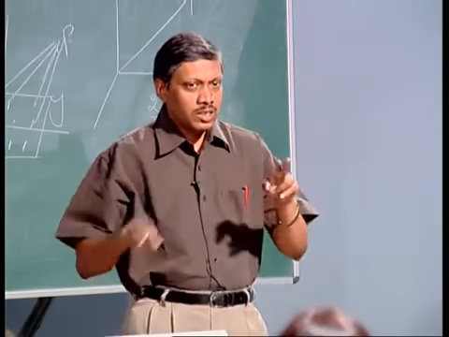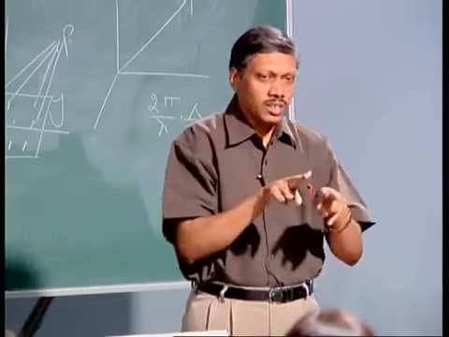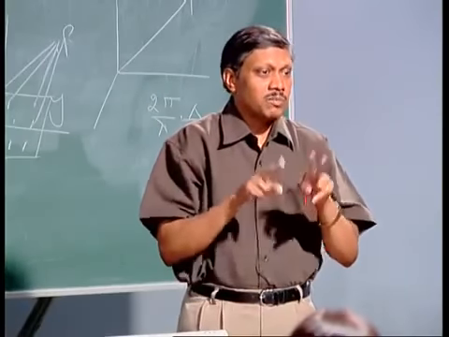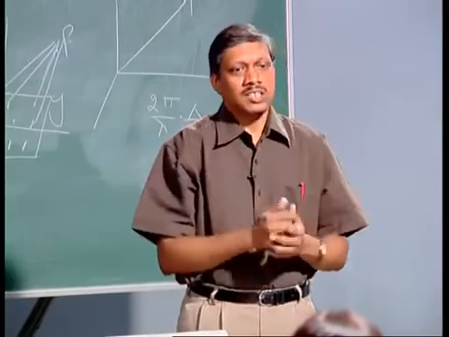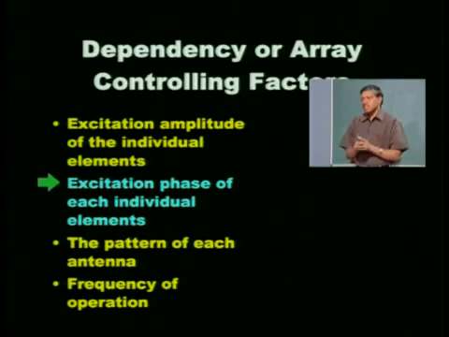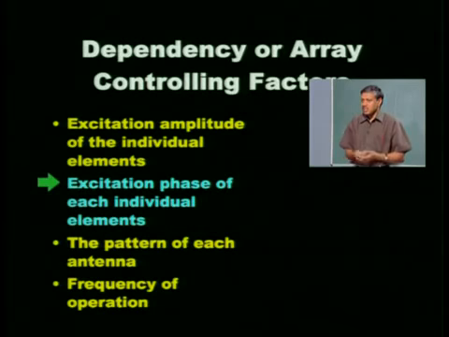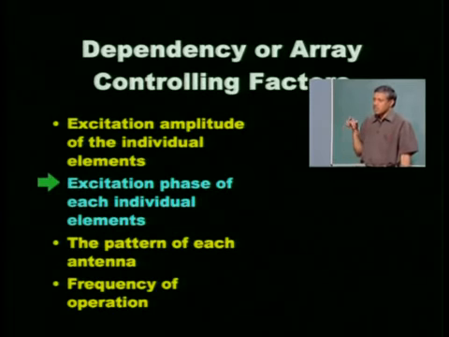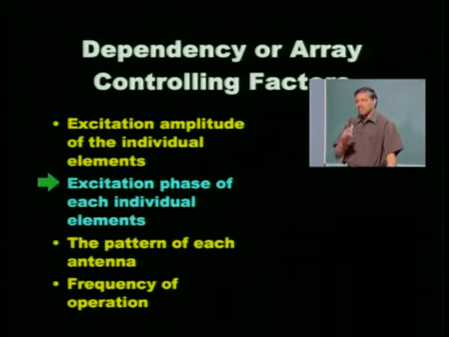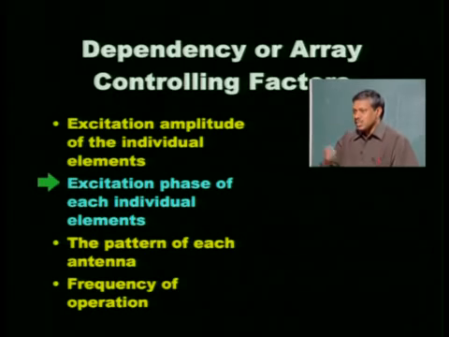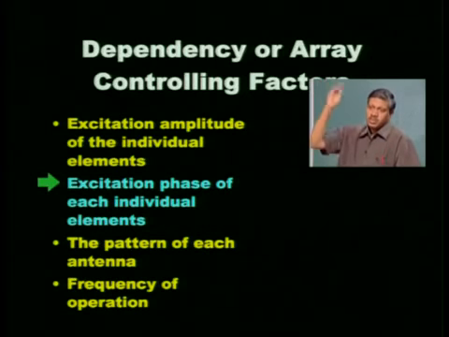So, the excitation phase and the distance between the antennas are played with before the final design is accepted. Once the final design is done, the spacing between the antennas remains fixed, because you have already fabricated the antenna. Then what is left in your hand is the excitation phase. You have to keep changing that if there is a drift or shift in the radiation pattern at the point of interest.